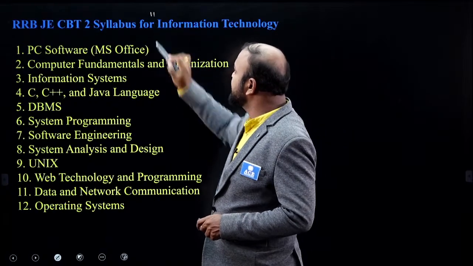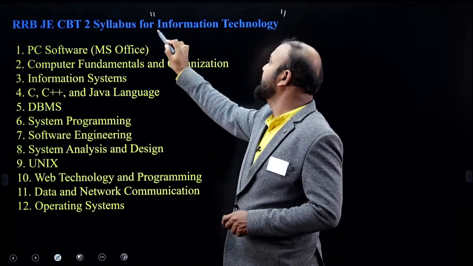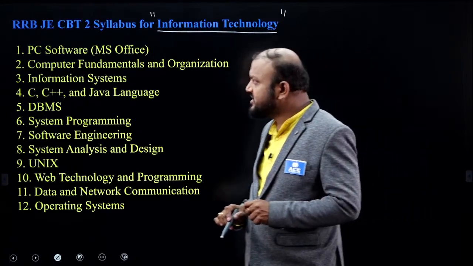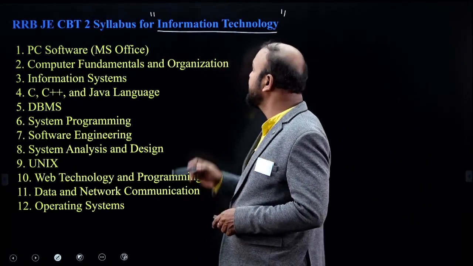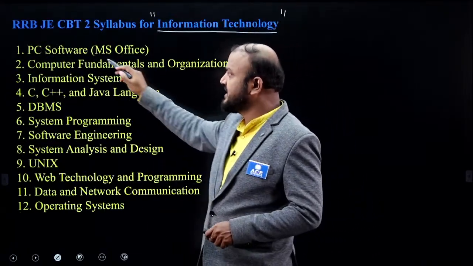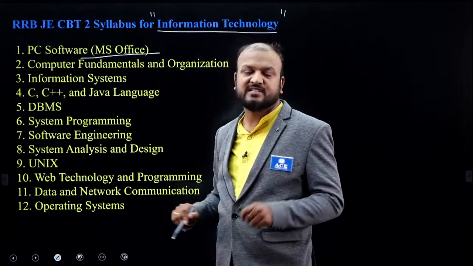And one more thing, you can see the RRB JE IT paper is also there, meaning the post is RRB JE IT. For RRB JE IT, the syllabus is very similar to computer engineering. We have the same PC software, with MS Office and MS Windows.